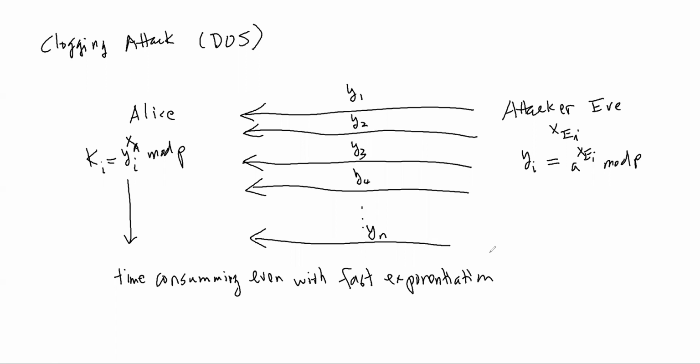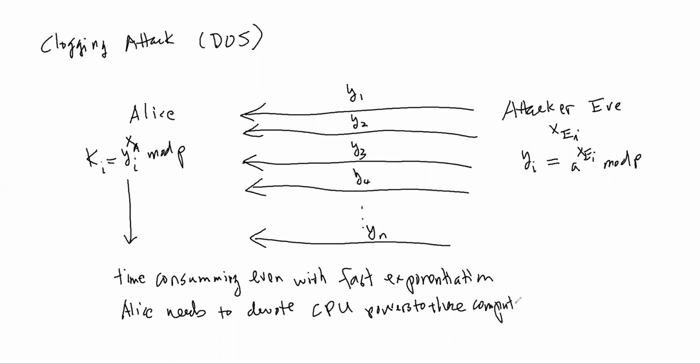So this means that Alice needs to devote CPU power to these computations. These computations, okay?